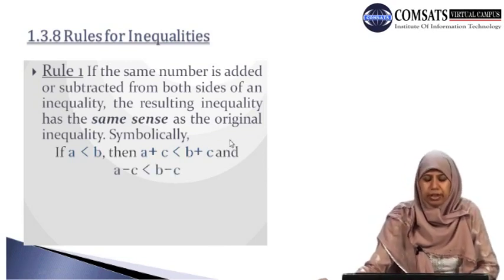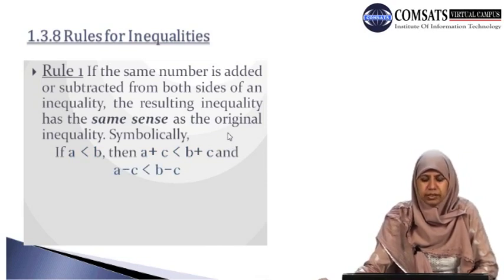And if we subtract this number c from both sides, then a minus c will always be less than b minus c. We will use this rule many times in solving our inequalities.